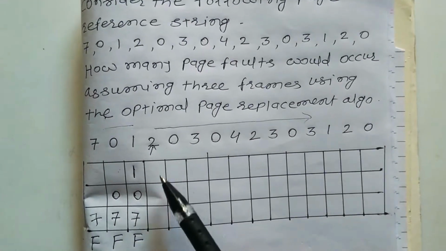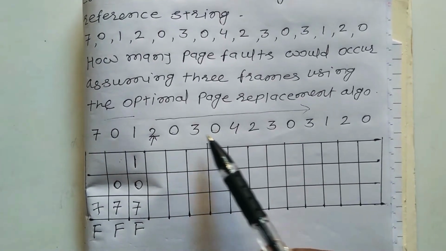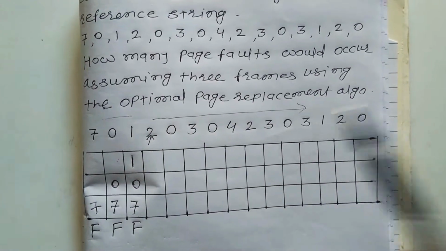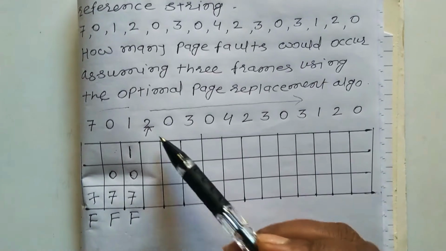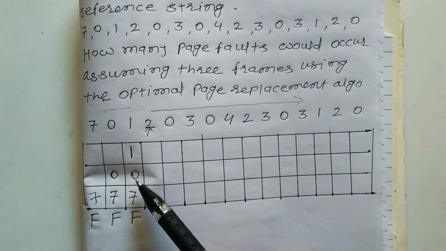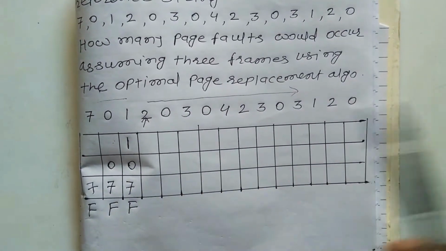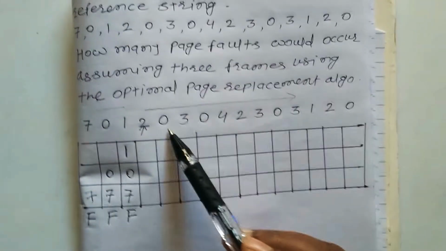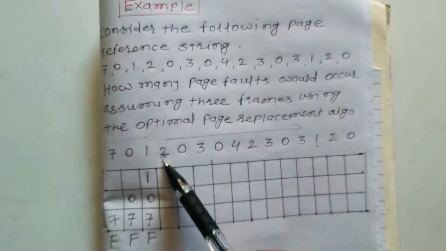Which page do you have to replace? The page which is going to be used farthest in the future; such a page you have to replace. To insert this 2, you have to check the positions of 1, 0, 7 on this side. That page should be far from the page which you want to place. If you see 1, its position is here, a little bit far from this 2.